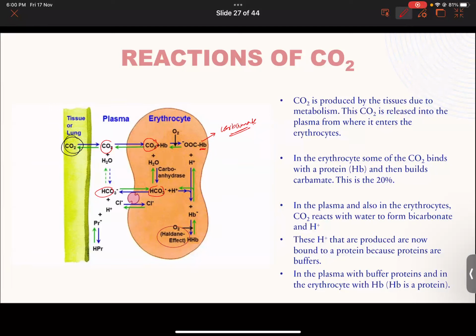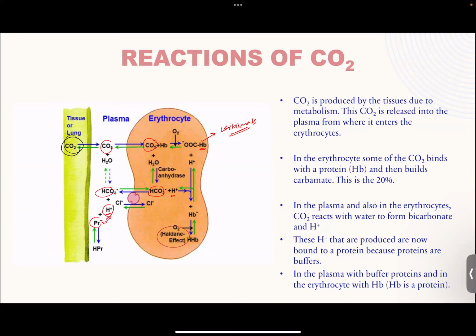Why? Because of two reasons. In this reaction, along with bicarbonate, what are we producing? We're producing H plus, right? H plus is going to cause the entire thing to become acidic, and we don't want that in our body. So in the plasma, when we release H plus, we have these buffering proteins over here, and they're going to buffer, because they're buffering proteins.